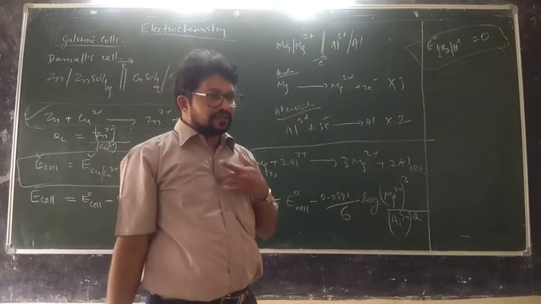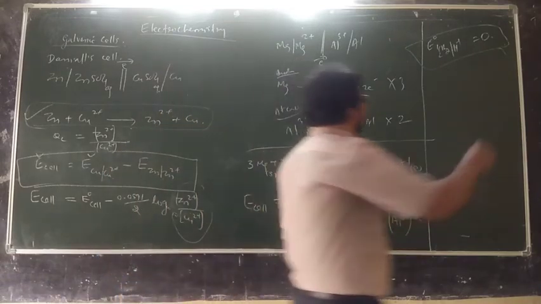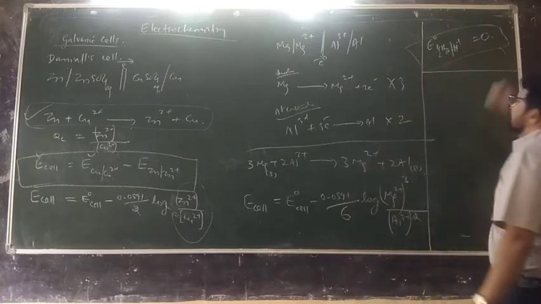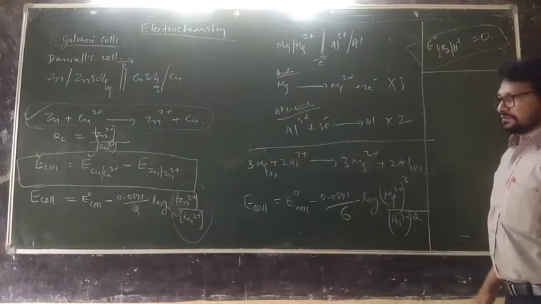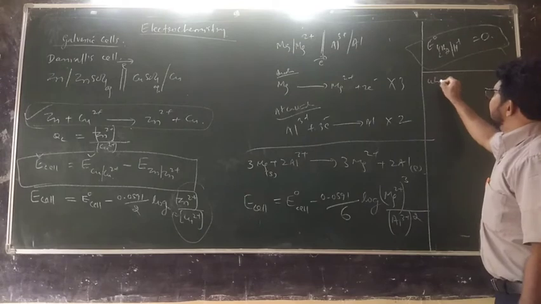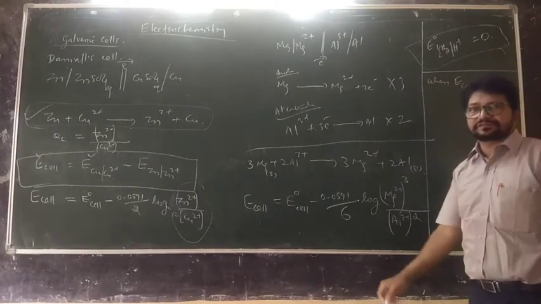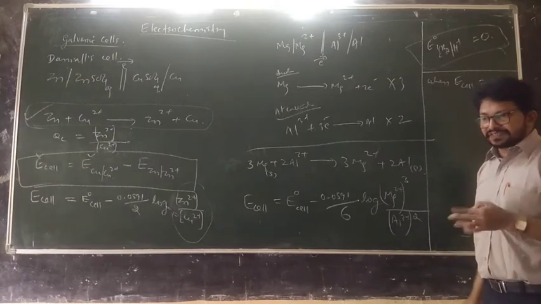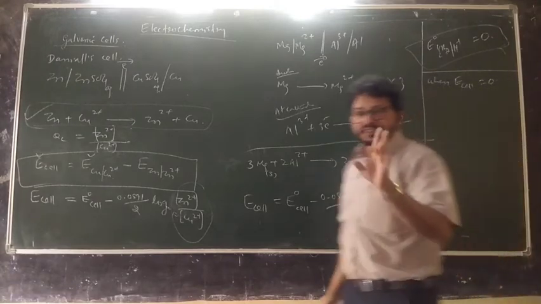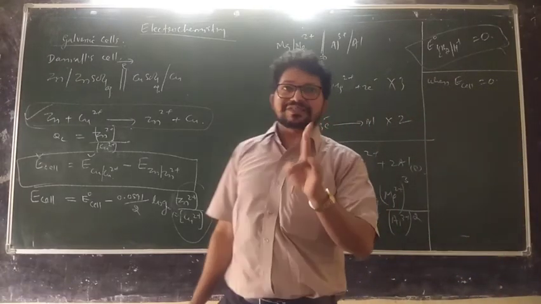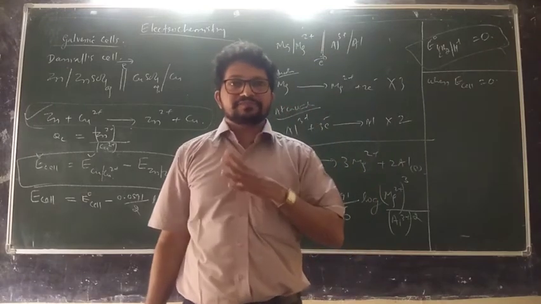Now look here, one important point let us estimate: when E of cell will be 0. The EMF of the cell can be 0 in 2 ways.